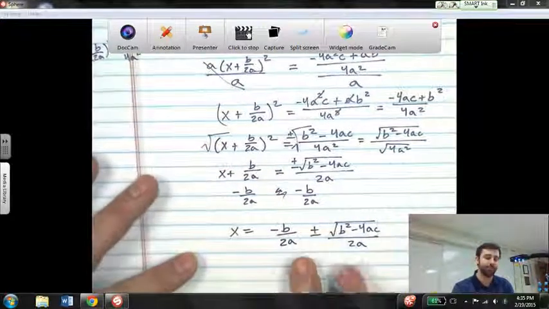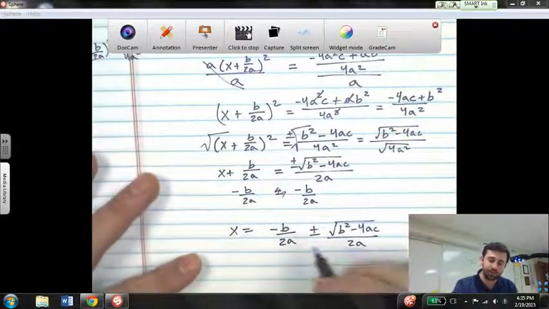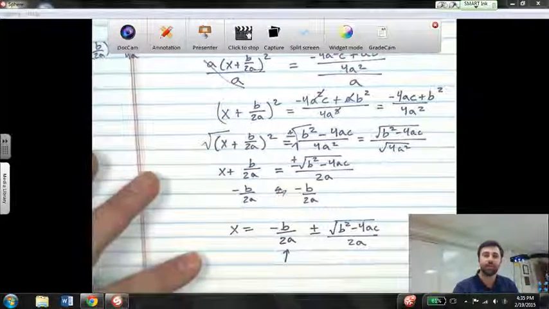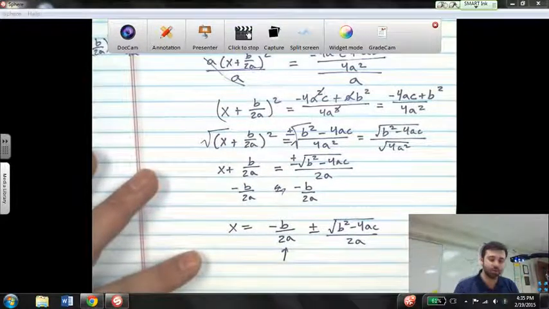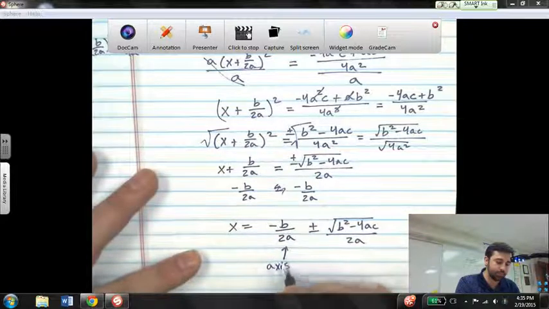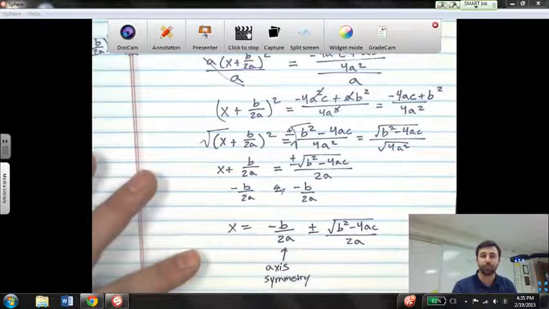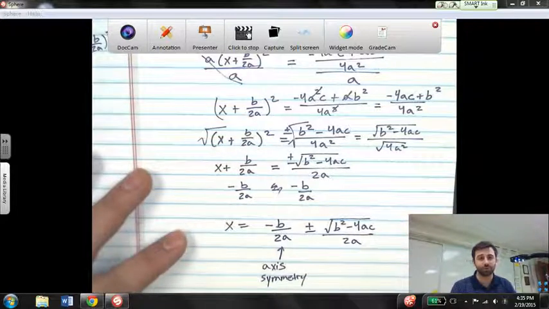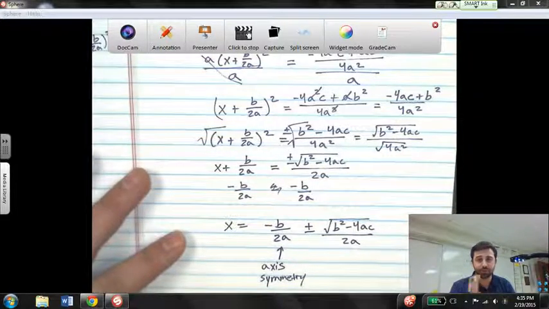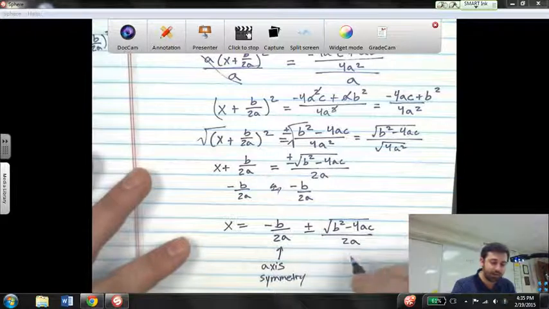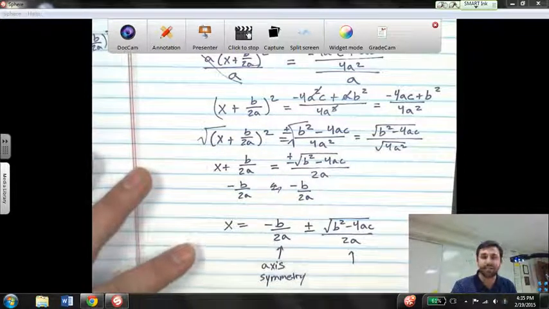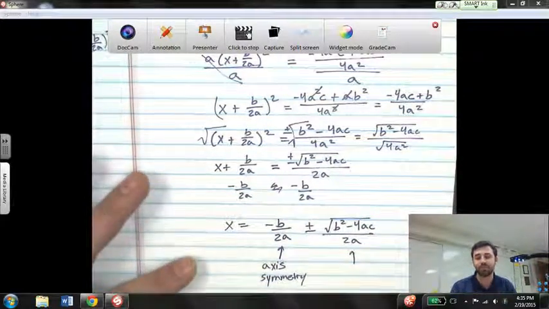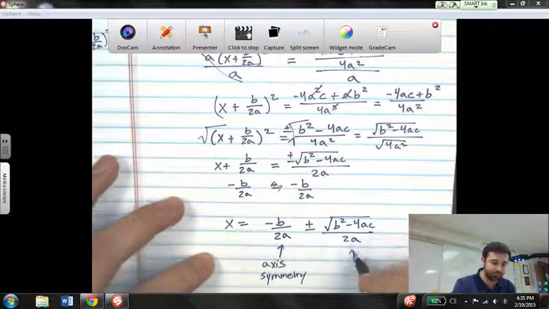What this also shows us is that the opposite of b over 2a is the axis of symmetry of our parabola. In our parabola, the x for our vertex is also called our axis of symmetry, that line. And the second part represents the distance from the axis of symmetry to the x-intercepts.